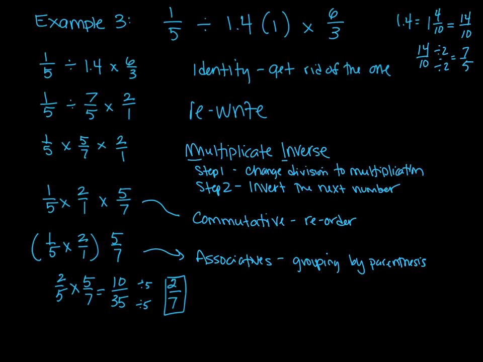Once you multiply what's inside the parentheses, you bring that answer down, then multiply that to the fraction that's left over, and you will eventually get 2 over 7.